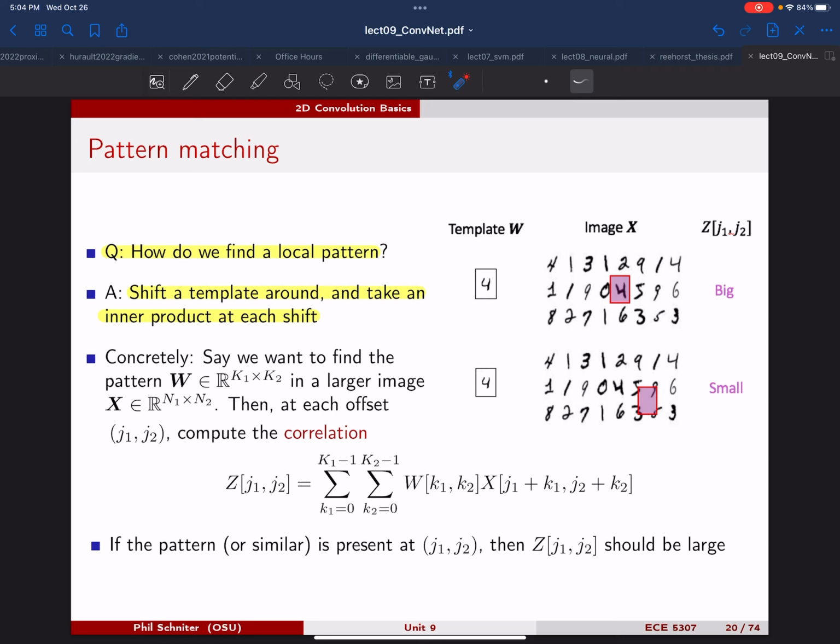Question: isn't this operation quite costly? Like, if you were to run it on a big image, and our template is also big. Well, it depends how big the template is. If the template is 3 by 3, then it's going to be 9 multiplies for every shift. Whether that's costly or not, in terms of today's computing hardware, you can do that really quickly.